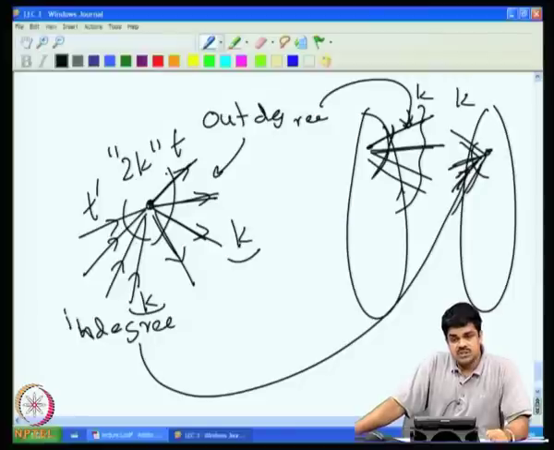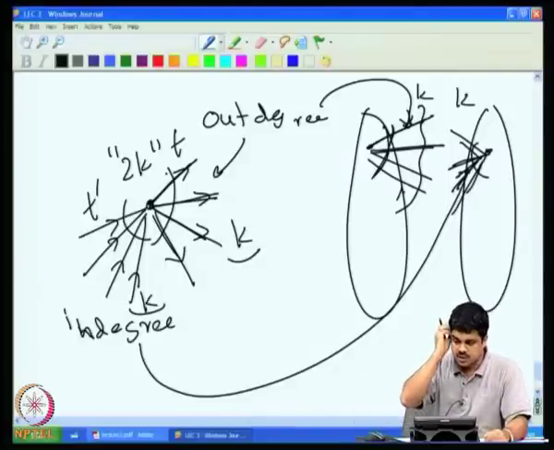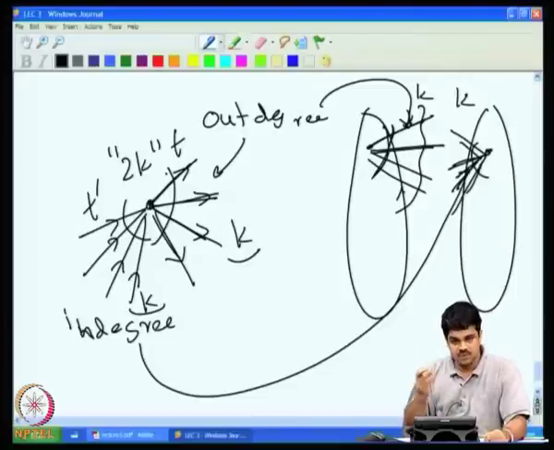In other words, the question is this: is it possible to give directions to the edges of the original graph in such a way that in the directed graph, for each vertex the out degree is equal to the in degree, and that is equal to k, because each vertex has a total of 2k incident edges?